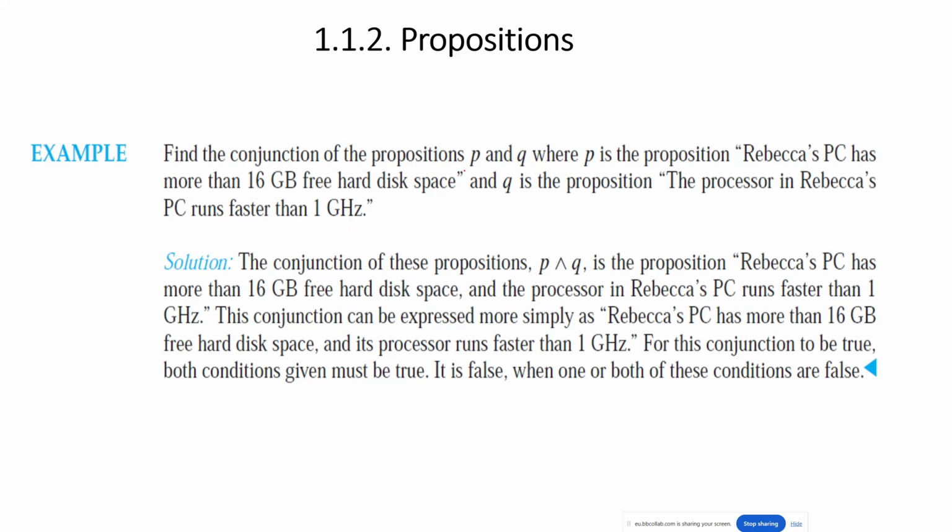That means we have P and Q. So basically what we say is Rebecca's PC has more than 16 GB free hard drive space, and the processor in Rebecca's PC runs faster than 1 gigahertz. So this is basically it.